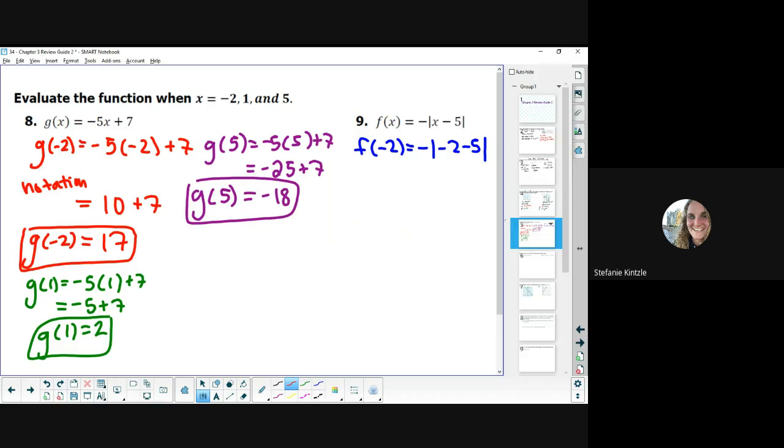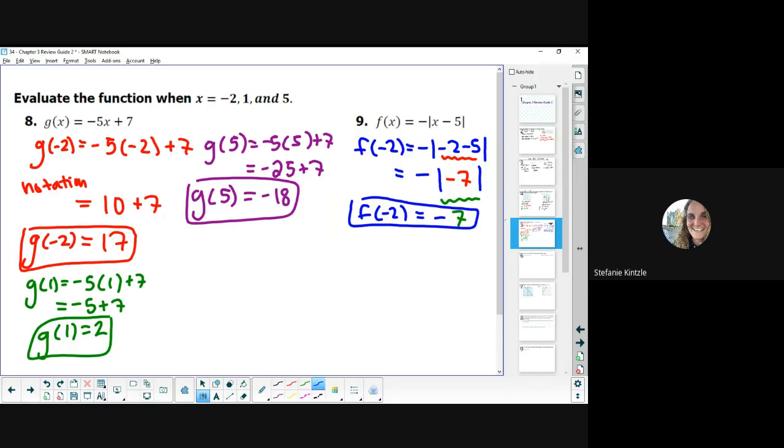So -2 minus 5 is -7. Then we actually take the absolute value of -7. What is the absolute value of -7? Yep. And then you still have this negative out front, so it's really like a -1 times a +7. So now we have f of -2 equals -7.